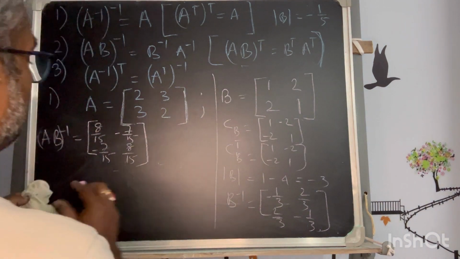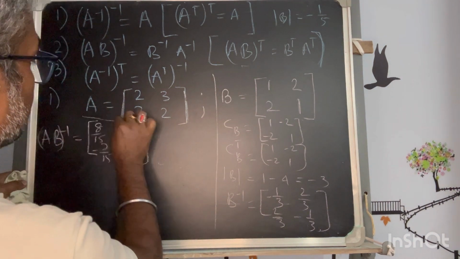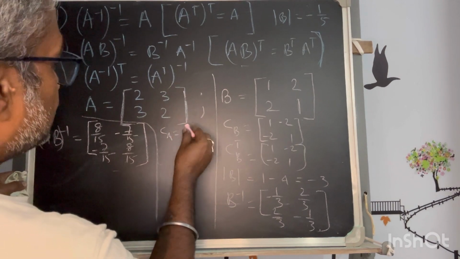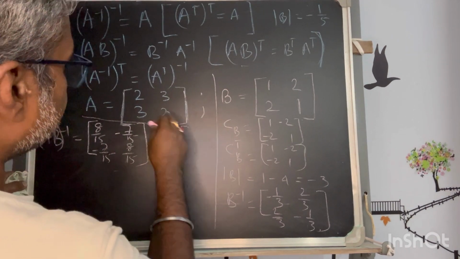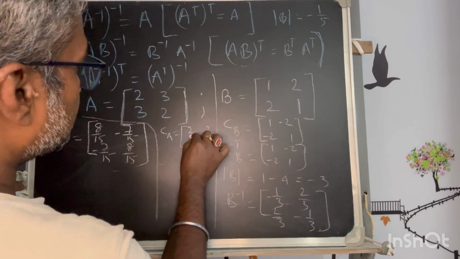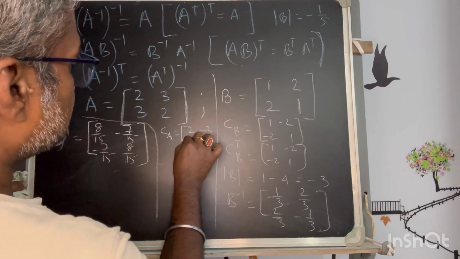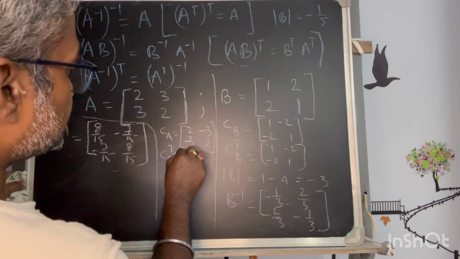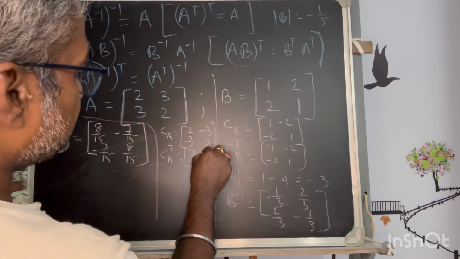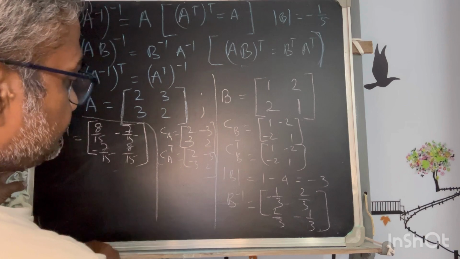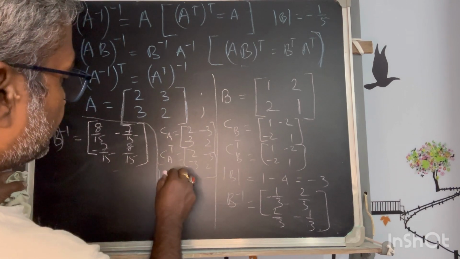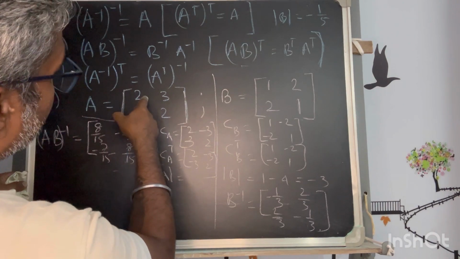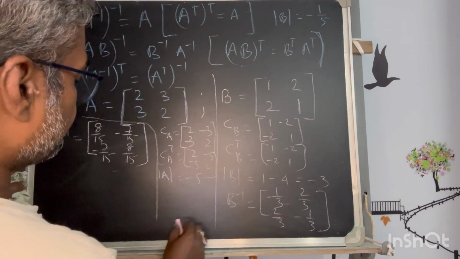This will be my B inverse. Now similarly, if I want to find A inverse, the cofactor of A is 2 3 3 2 with plus minus minus plus. CA transpose is equal to 2 minus 3 minus 3 2, and determinant of A is 4 minus 9, that is minus 5.